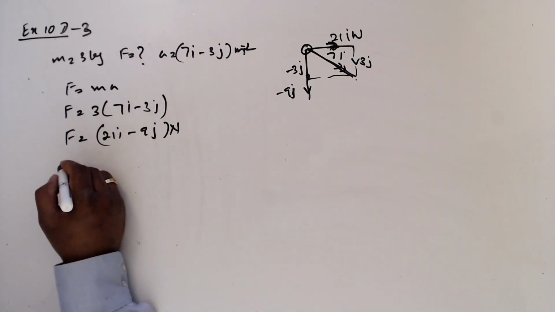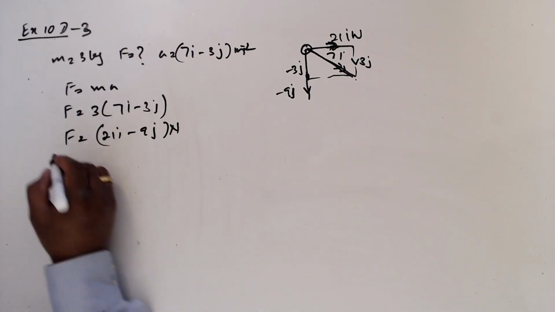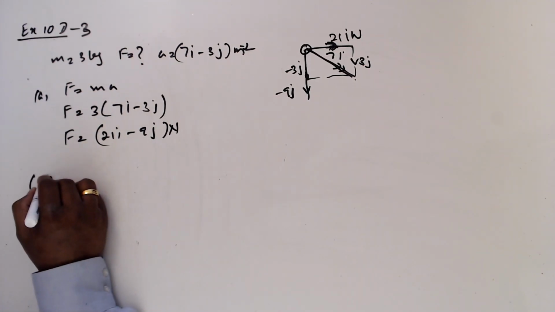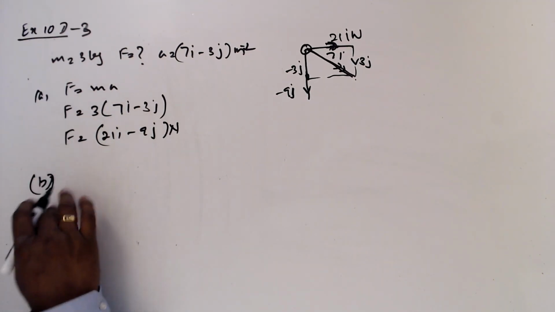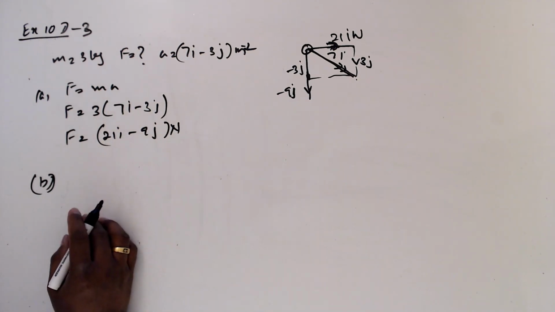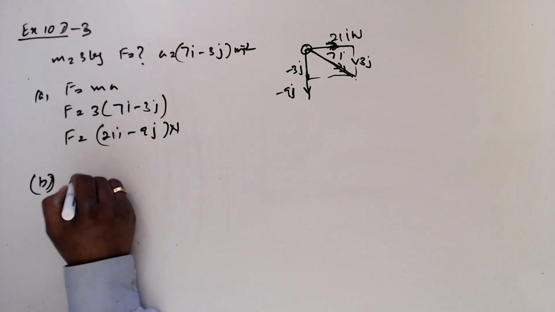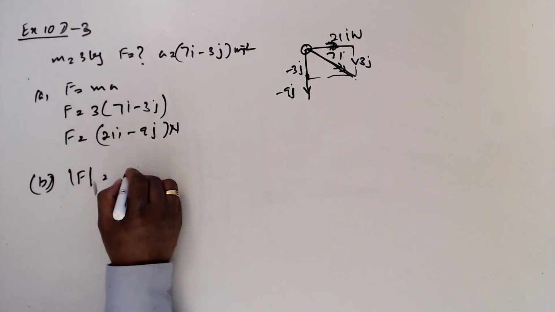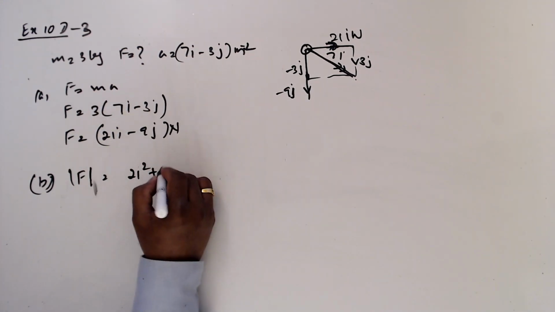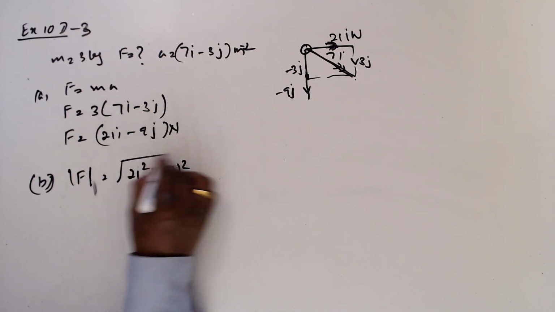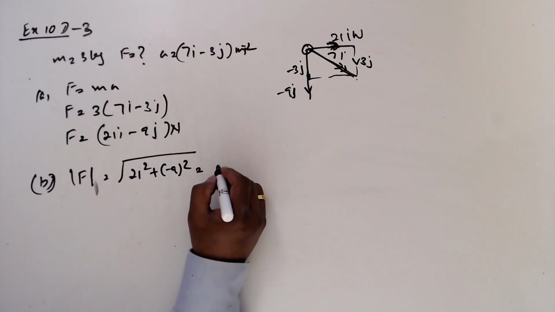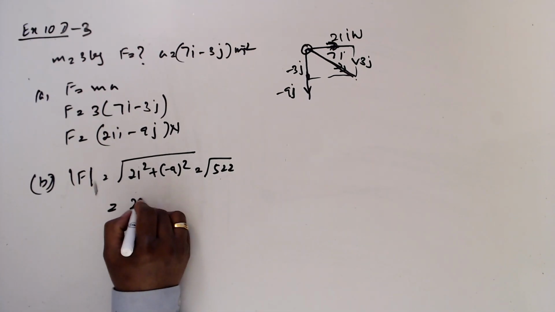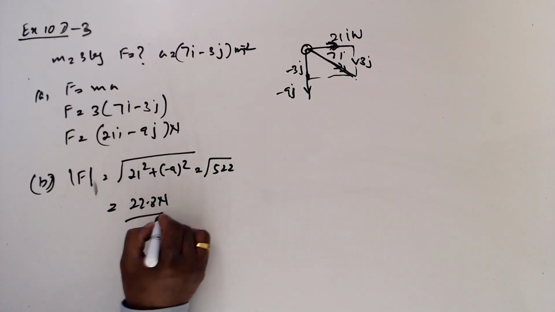Find the magnitude and the bearing. So this is part A, part B, and the bearing. We can find the magnitude of F: the square root of 21 squared plus minus 9 squared equals the square root of 522, that is 22.9 Newtons.